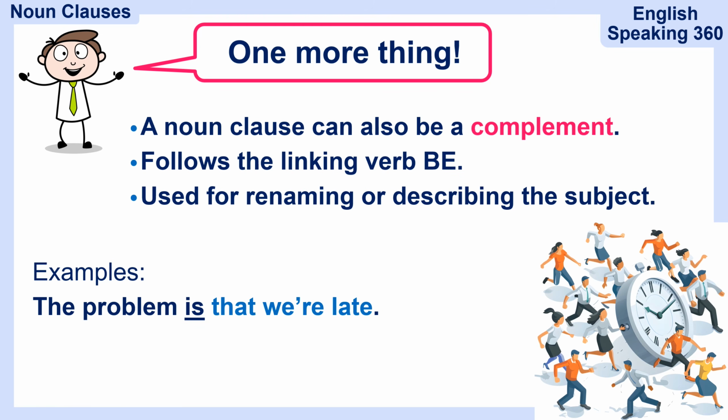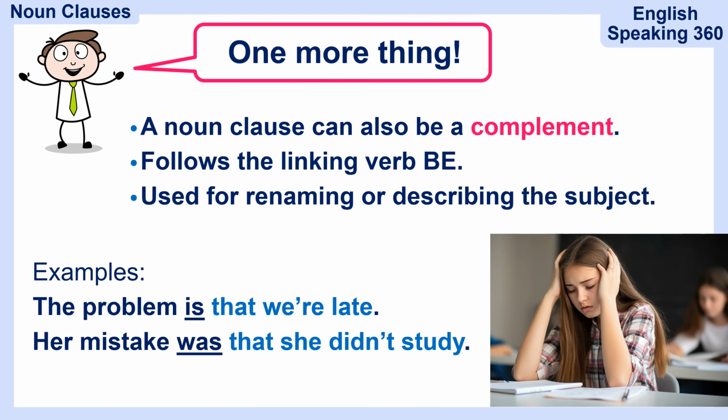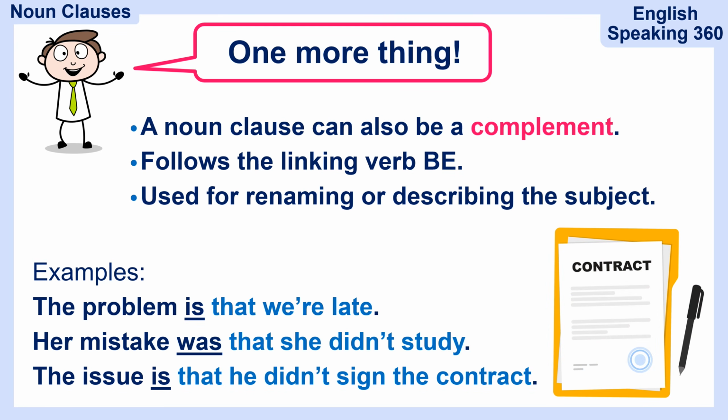So it's the same. The problem and we are late are exactly the same, and in that case, it's called a complement. Her mistake was that she didn't study. What was her mistake? She didn't study. They are equal. The issue is that he didn't sign the contract. The issue and he didn't sign the contract are exactly the same.